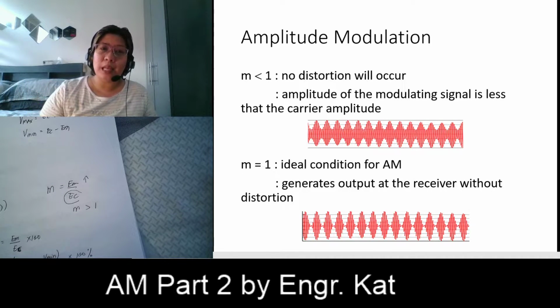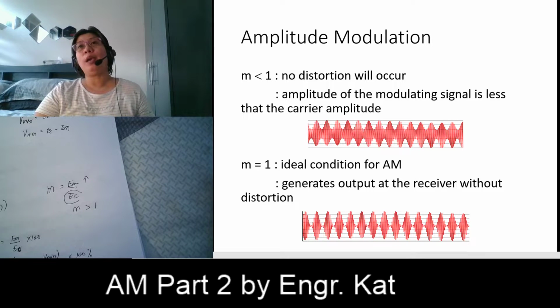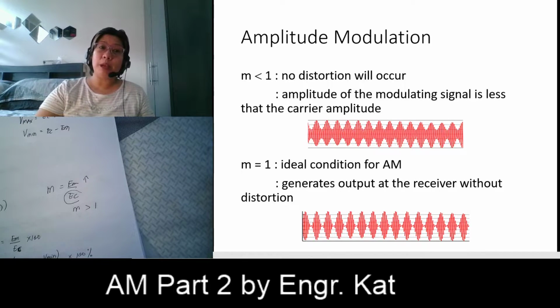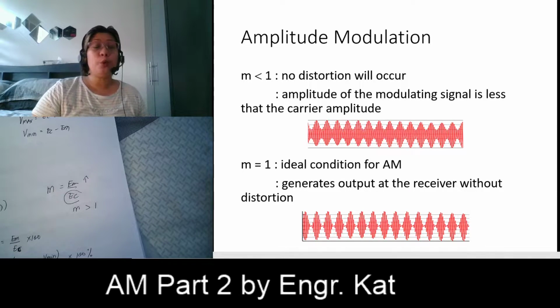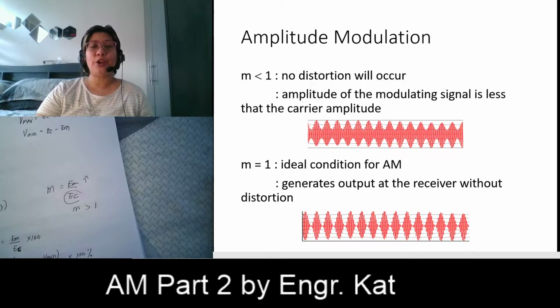But in reality, your M is usually lesser than 1. Okay, so in AM, it is maybe around 0.8 or something. Okay, so when your M is lesser than 1, no distortion will occur. The amplitude of the modulating signal is less than the carrier amplitude. So this is the normal waveform for AM.